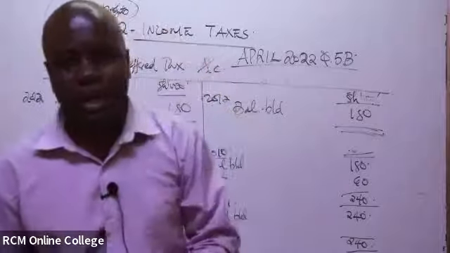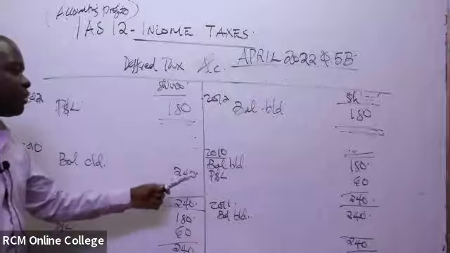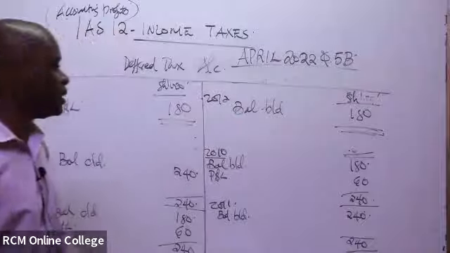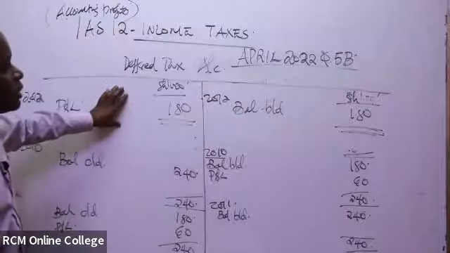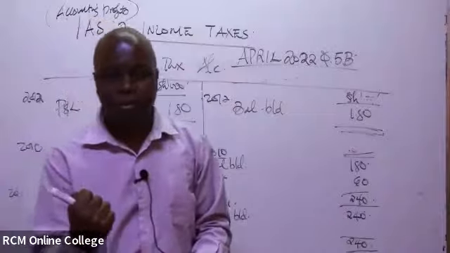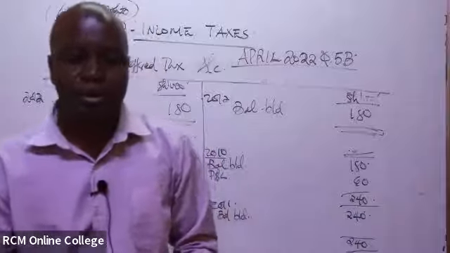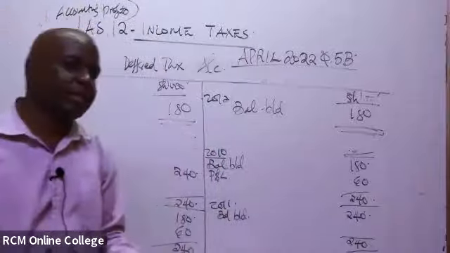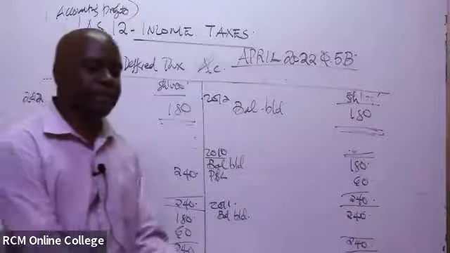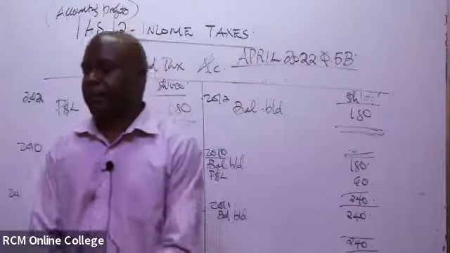It is the P&L account, which is here. So the difference, we close it in the P&L account. If there is a debit entry here, then in the P&L account it will be a credit entry. All credit entries in the income statements are incomes. All debit entries become what? Expenses. That is double entry.